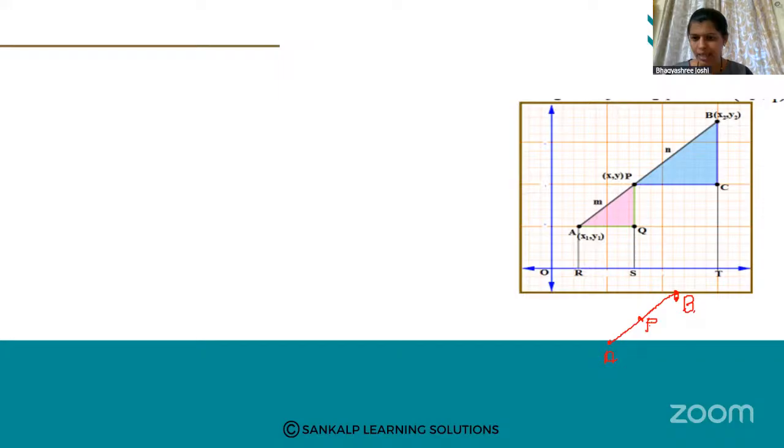This point P divides this line in the ratio m1 is to m2.